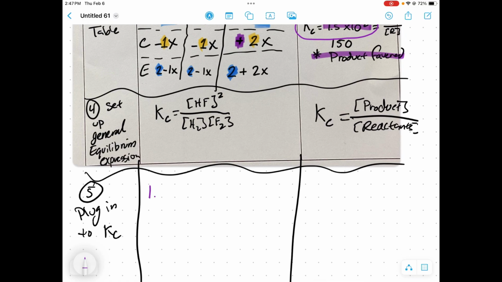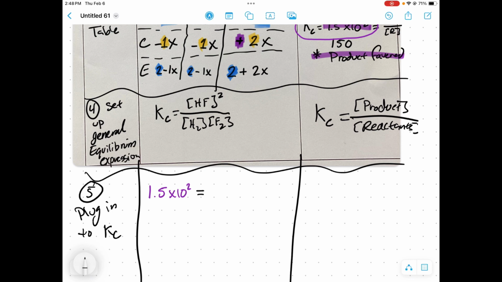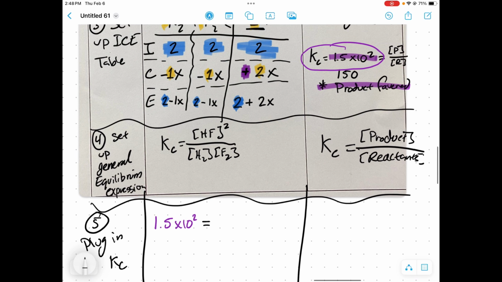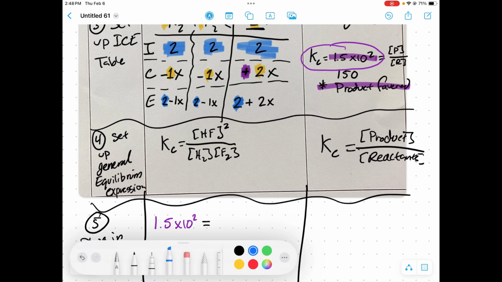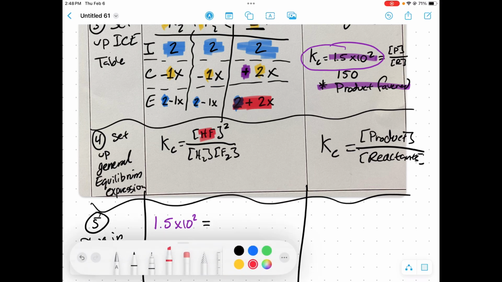So I'm going to plug that number in. 1.5 times 10 to the 2. We also know that at equilibrium, we have the HF concentration. We know that it's 2 plus 2x.